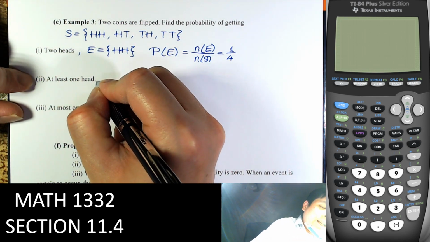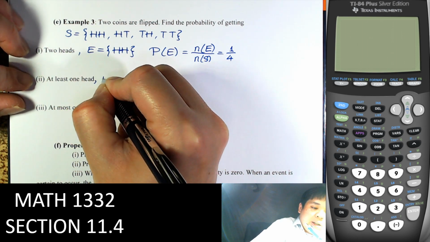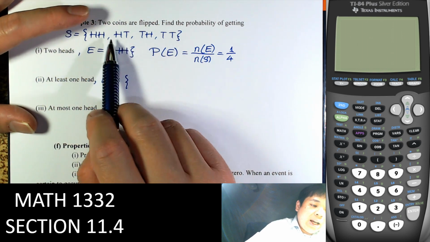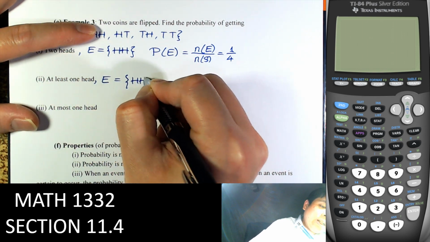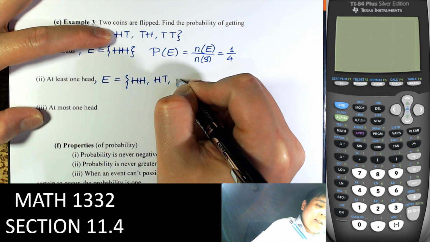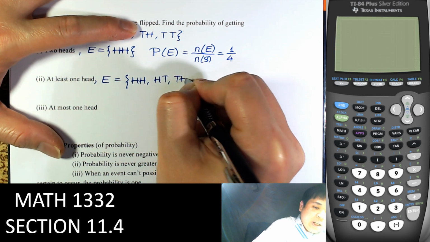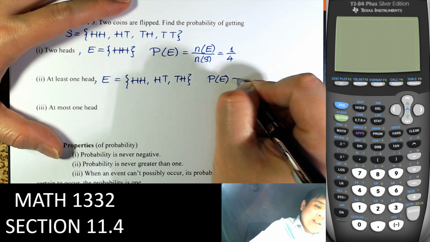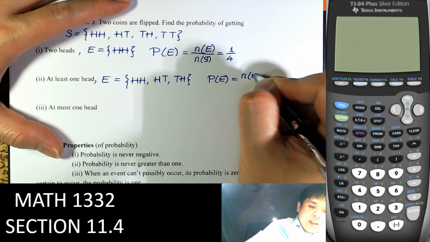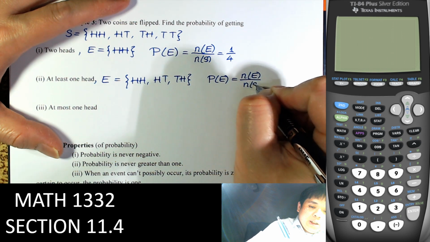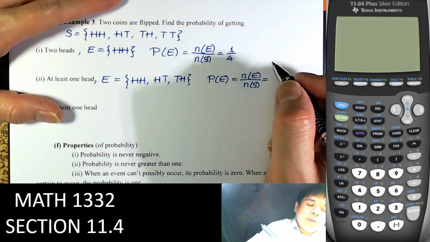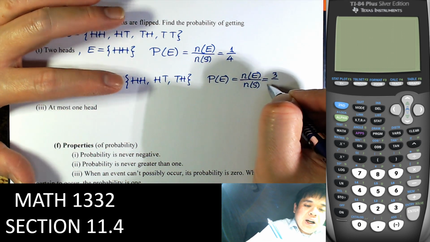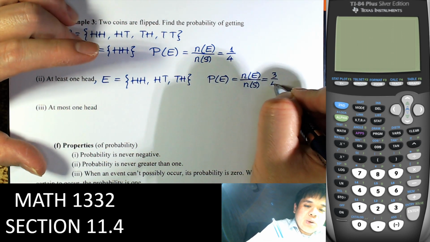And for the probability of getting at least 1 head, we write the event of getting at least 1 head. 2 heads is okay, that is okay, and that is okay. So the probability of that event will be 3 out of 4.